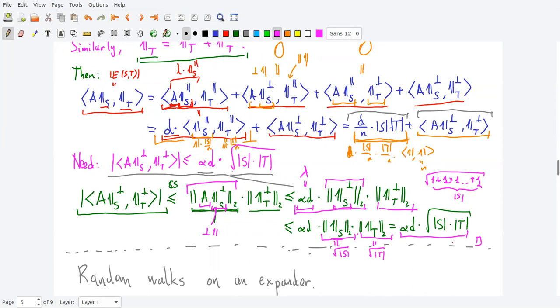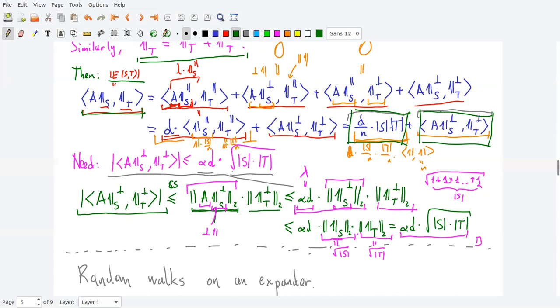Good. So to sum up, what happened in this proof is that we took the original combinatorial notion, we understood it through an algebraic notion, we applied the decomposition into the parallel part and the orthogonal part, and we understood that the parallel part corresponds to expected random behavior, while the orthogonal part is somewhat an error term in some sense that is small if the spectral properties are good.